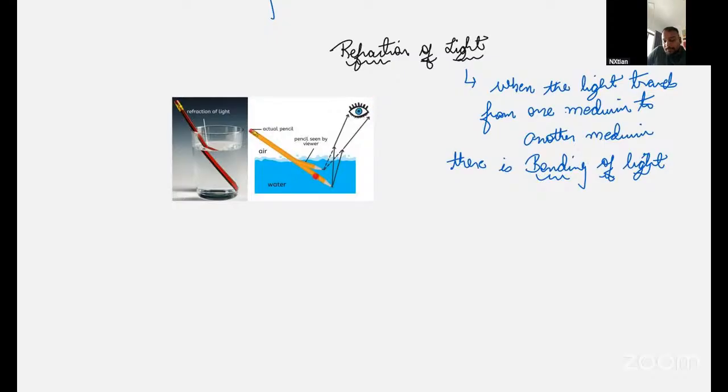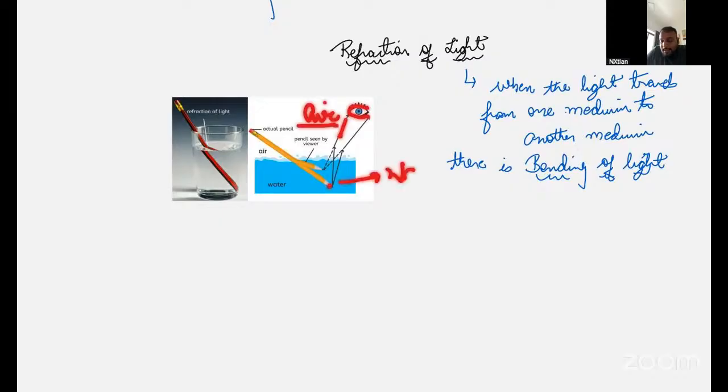This pencil is actually straight. It's not a magical or very powerful water that is bending the pencil. It's a normal water. But when we are seeing from above, our eyes are in the air and the pencil tip is in the water.